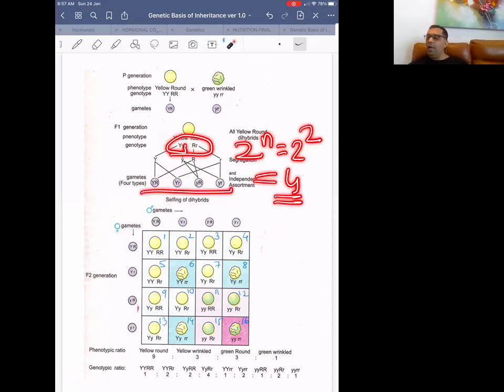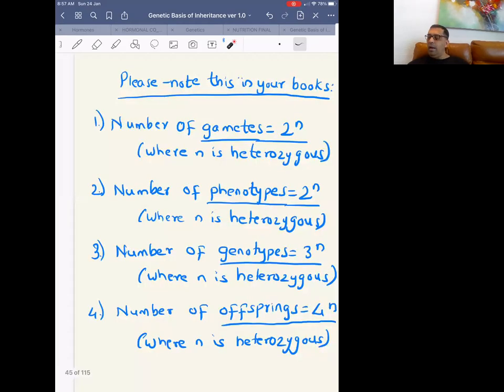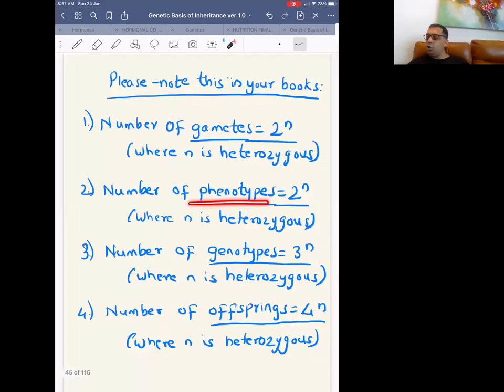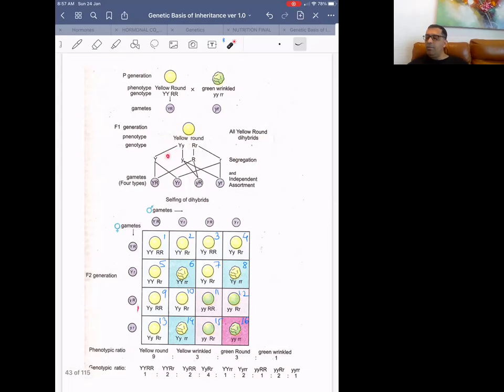And then the number of phenotypes is 2 raised to n, where n is the number of heterozygous genes. This is also a double heterozygous. So how many phenotypes are possible? 2 raised to n, where n is heterozygous. Correct.